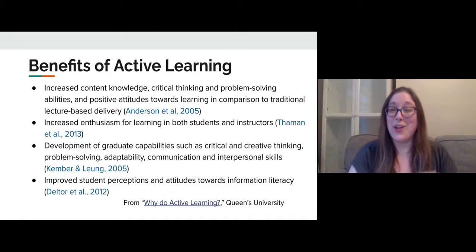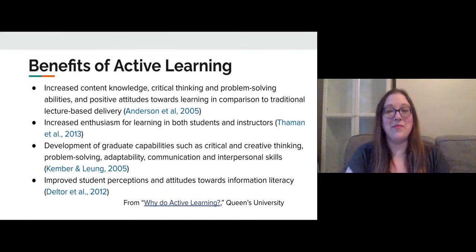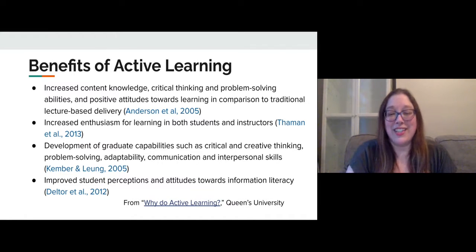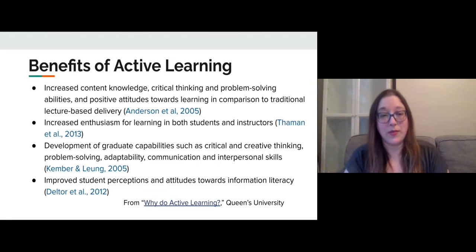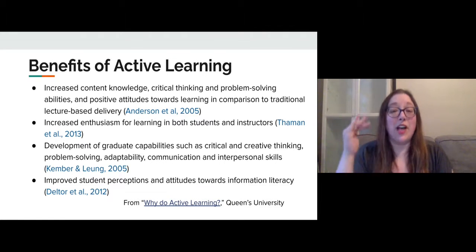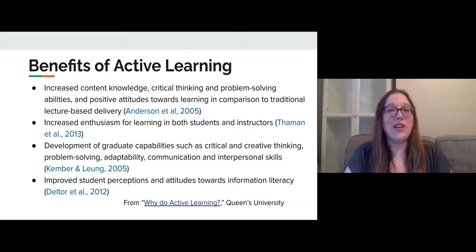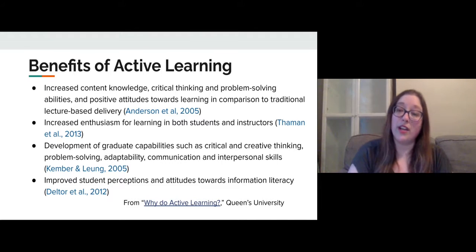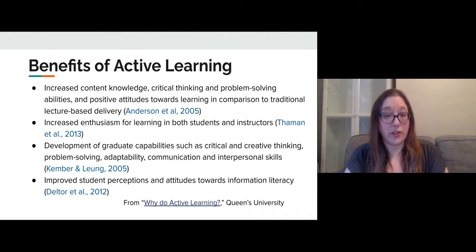The benefits of active learning, there are many. I've actually borrowed this whole cloth from the Why Do Active Learning page that's featured on Queen's University's website, because they give a lot of citations that I wanted to borrow. So: increased content knowledge, critical thinking and problem solving abilities, and positive attitudes towards learning in comparison to traditional lecture-based delivery.